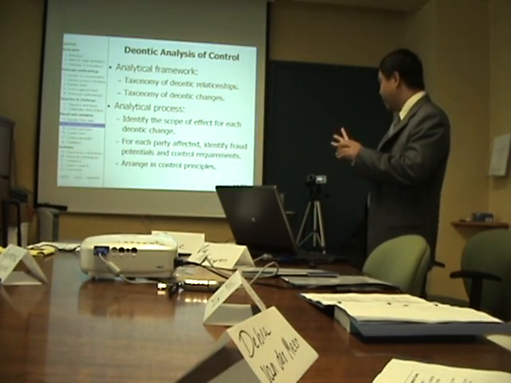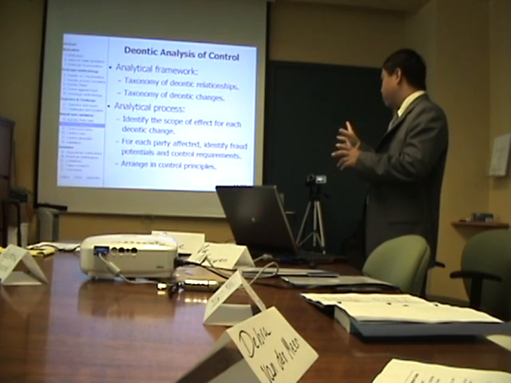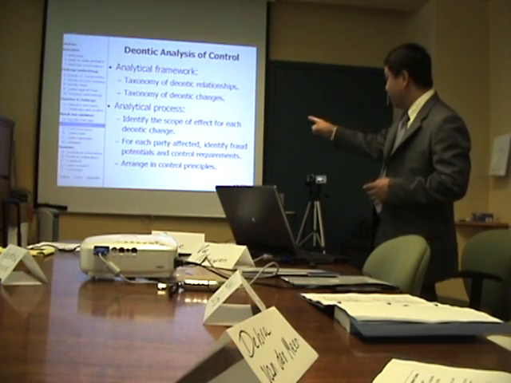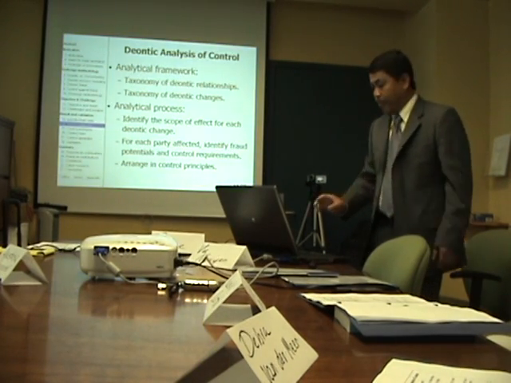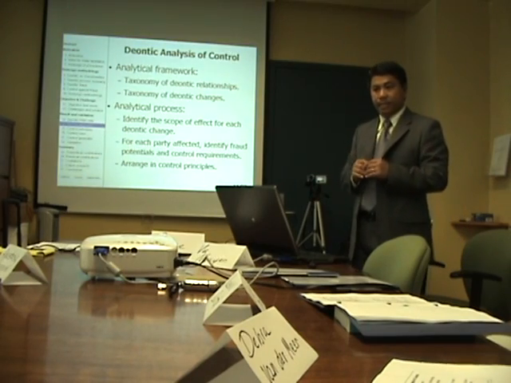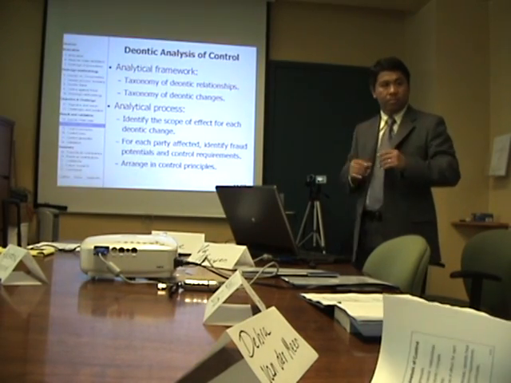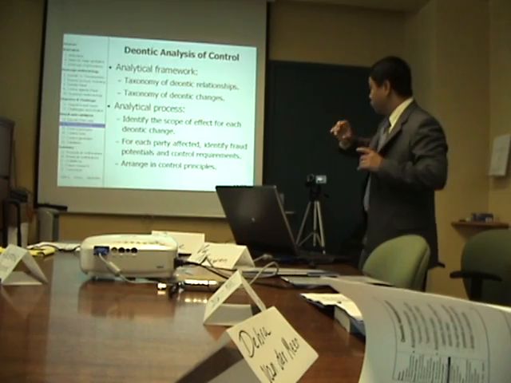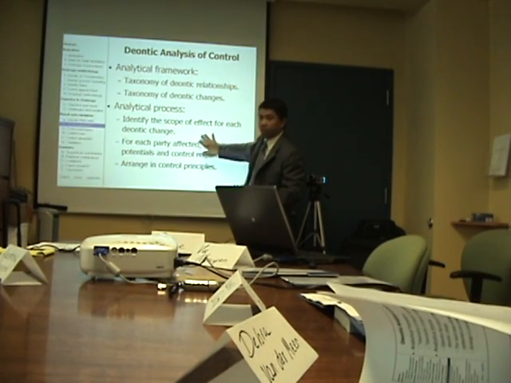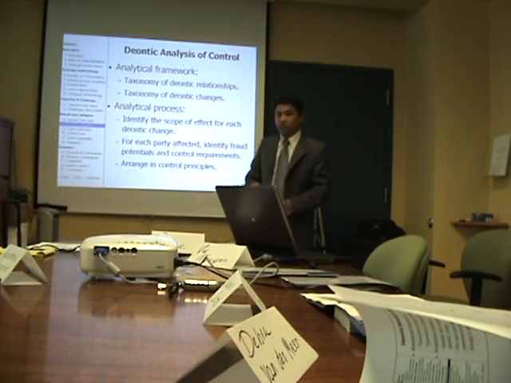And finally, I arrange the potential frauds and control requirements, based on the nature of the transaction, into control principles. Even though the process is briefly explained like that, this whole chapter 5 is about 60 pages, just to explain the process of analyzing the deontic process to come up with the set of 10 control principles.